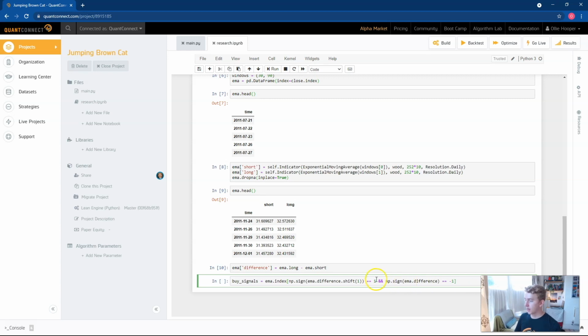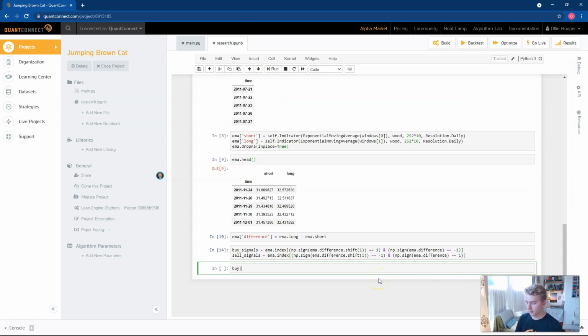And let's just make sure that we have done our syntax correct, and we're going to wrap these here in parentheses. And then we're going to copy this and do the same for sell signals, but just swap them over. So yesterday is going to be negative, the short above the long, and today is going to be positive, the long above the short, and that's going to be our sell signal.